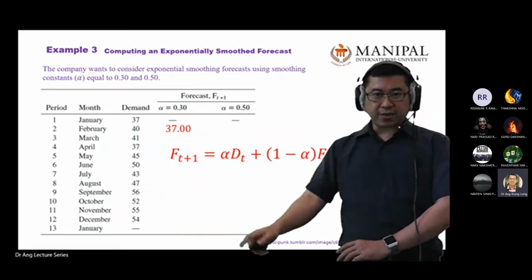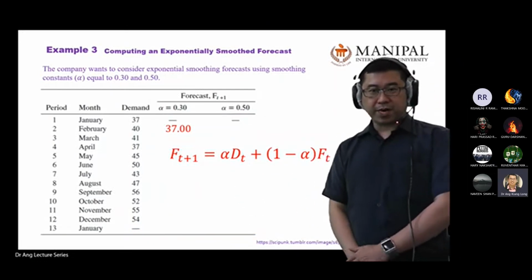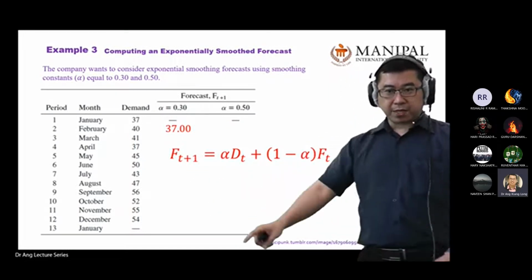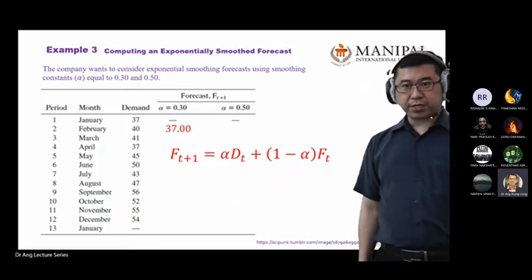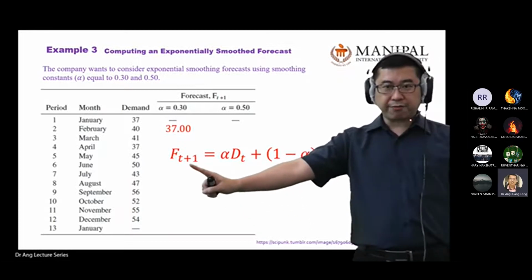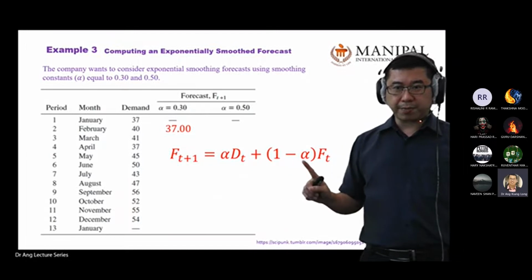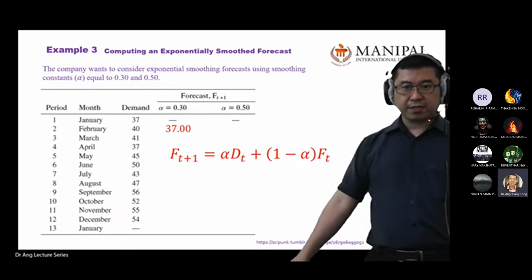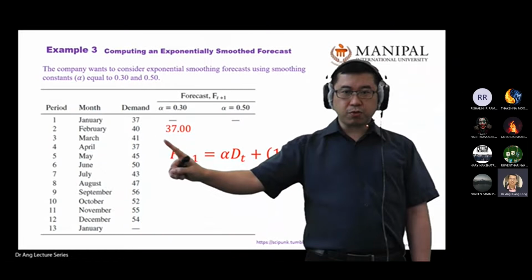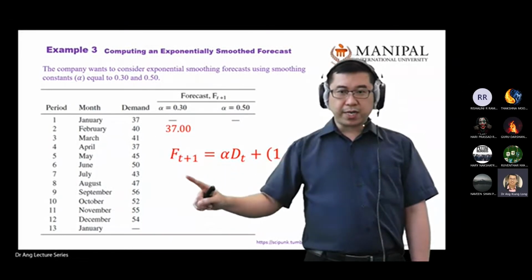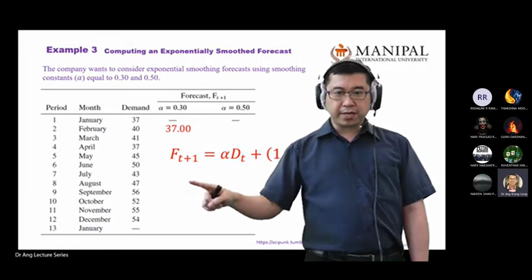I will do the second calculation for you. What happens to the March forecast here? Using the same smoothing equation, Ft plus 1 equal to alpha Dt plus 1 minus alpha Ft. Ask yourself, when it comes to March, number 3, what number should you write here?